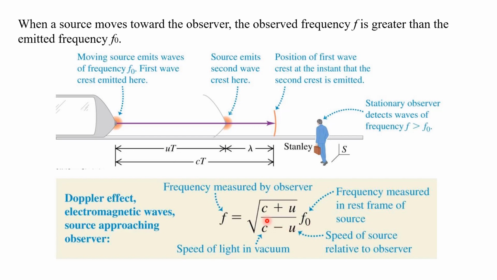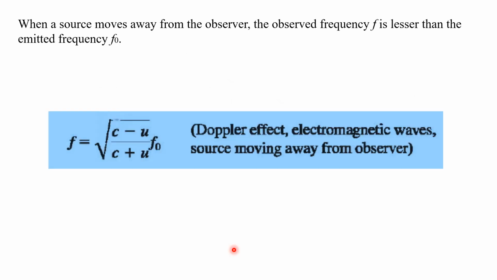Take note here that c is the speed of the electromagnetic wave, in particular light, and u is the velocity of the train or of the source. When a source moves away from the observer, the observed frequency f is lesser than the emitted frequency f naught.